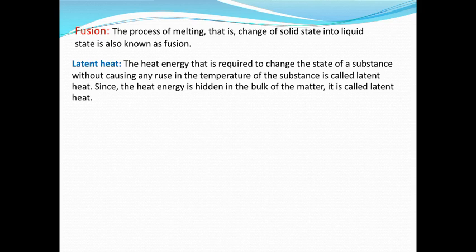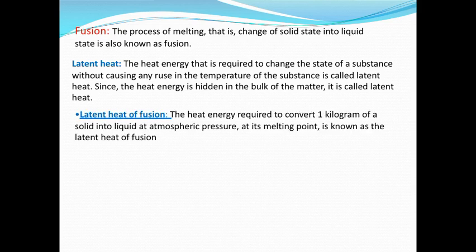It only changes the state, not the temperature. Example is ice: the temperature is 0 degrees Celsius, and when it changes into water, the temperature remains 0 degrees Celsius. Only the state changes from ice to liquid. Thus, this is called latent heat of fusion.